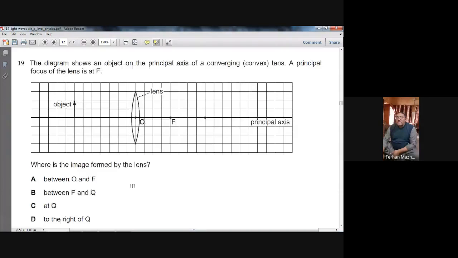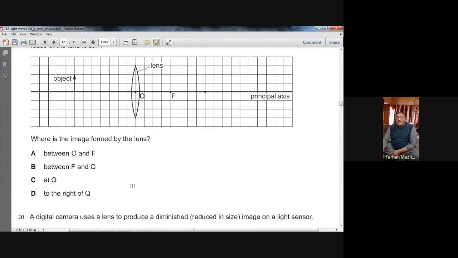Q is not written. At Q, and to the right of the Q. I think something is missing here. I think he was supposed to write Q here. So it will be to the right of the Q.